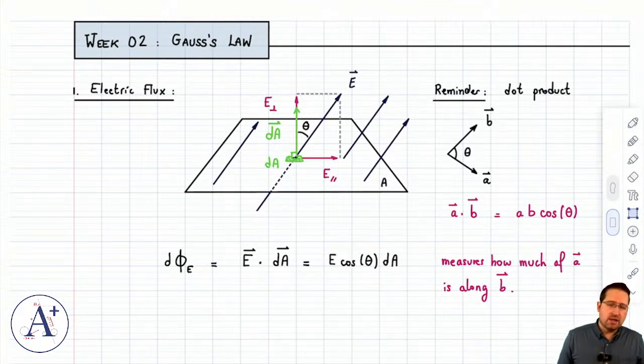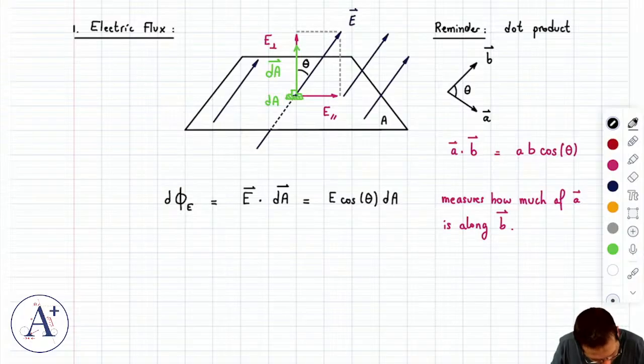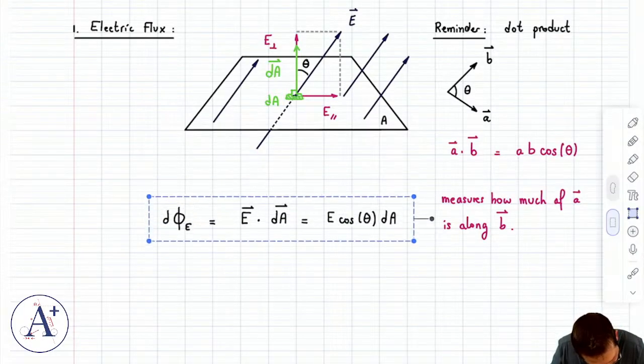Okay, well, I could try to count them by hand. But that's not going to work because I don't really have a finite number. I have a continuous distribution of electric field lines that are going through this surface. So I need to basically create this infinite sum over a continuous quantity, and so that's really an integral. And so this is going to be the electric flux created by one field line.